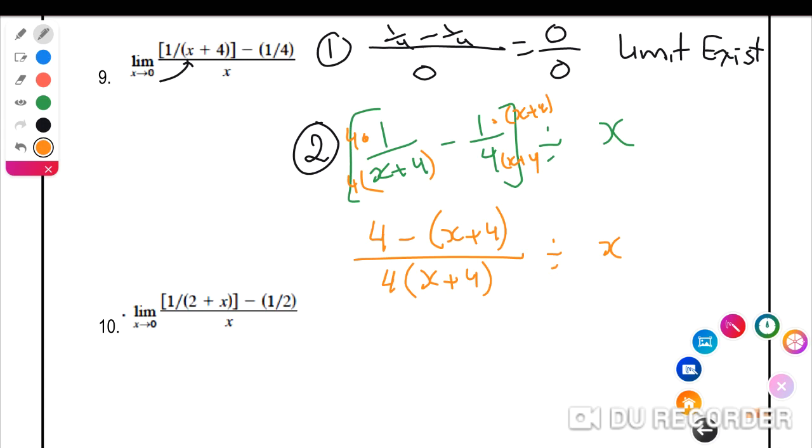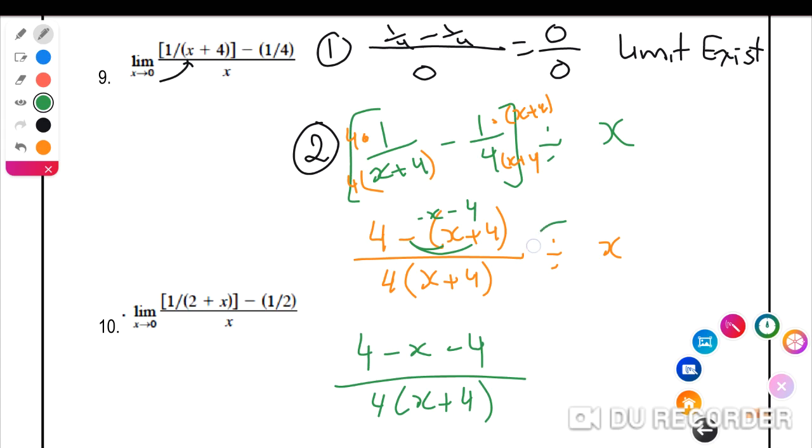What is the simplification of this one? Negative x. Distribute the minus, and here it will be negative 4. So it will be 4 minus x minus 4, over 4 multiplied by (x plus 4).